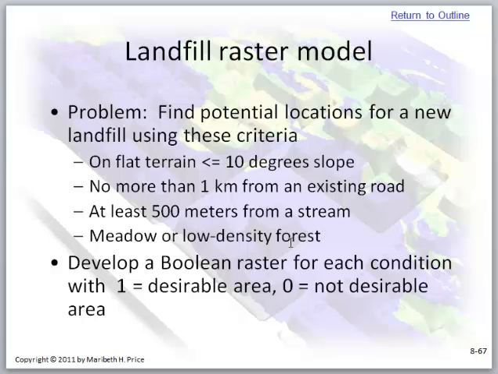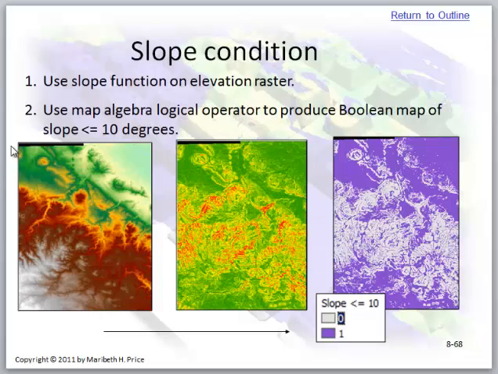We can develop a Boolean raster for each condition, with 1 equals desirable and 0 equals not desirable. For the slope condition, we use the slope function on the elevation raster and use a map algebra logical operator to produce a Boolean map of slope less than or equal to 10 degrees.